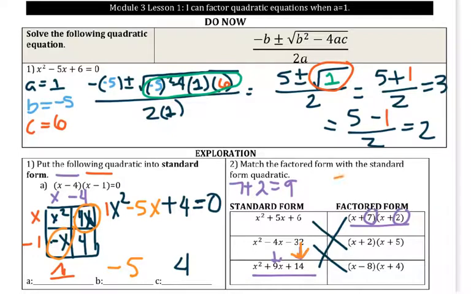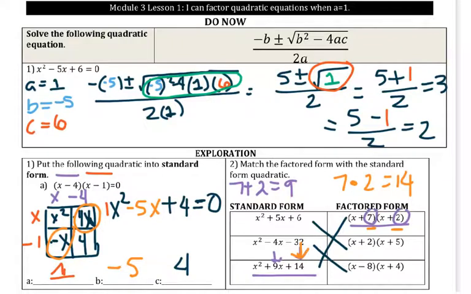Well, 7 times 2 is equal to 14. So I want you guys to think about that for a little bit, how these numbers relate. So the two numbers in the factors add up to the middle number, and the two numbers in the factors multiply to the last number.